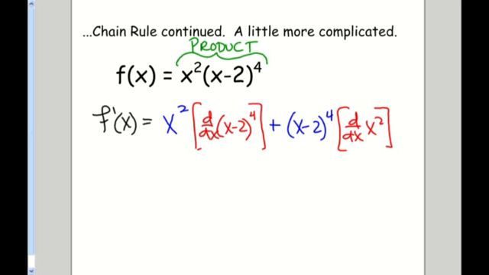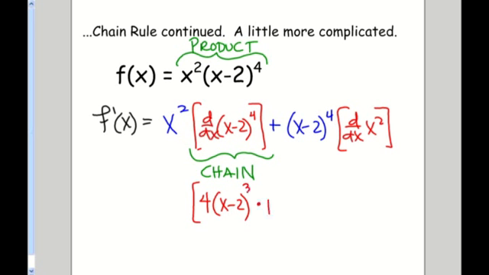As I start taking these derivatives, I can see that right here I'm going to have a chain rule. So for this derivative, it's going to be 4 times x minus 2 cubed times 1 in this case. So I don't really need to write that because obviously times 1 isn't going to change anything, but technically, I do have to take into account the derivative of this inside part here. Not really a great example actually for teaching this.